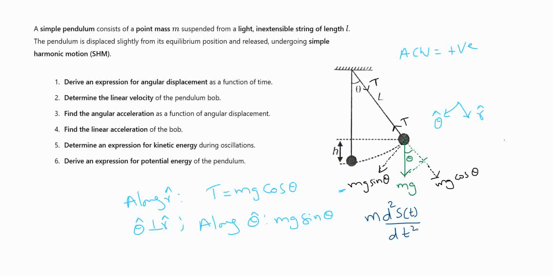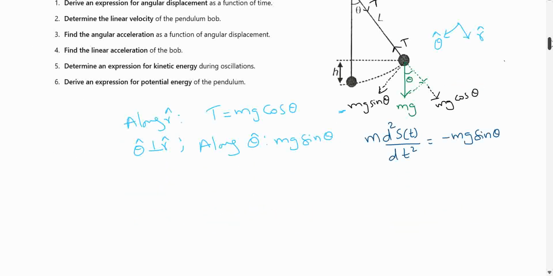Here s of t is nothing but the distance traveled by the bob along the arc.